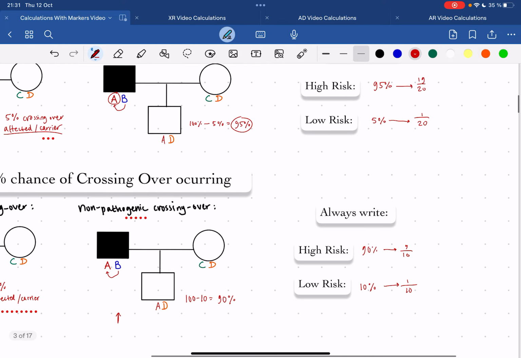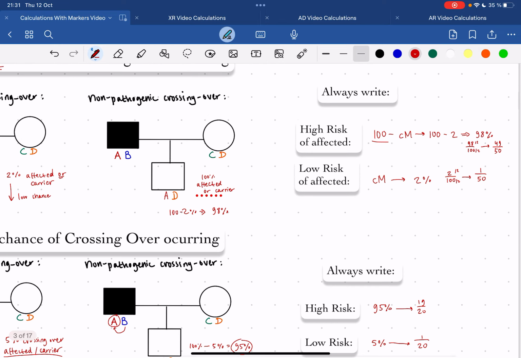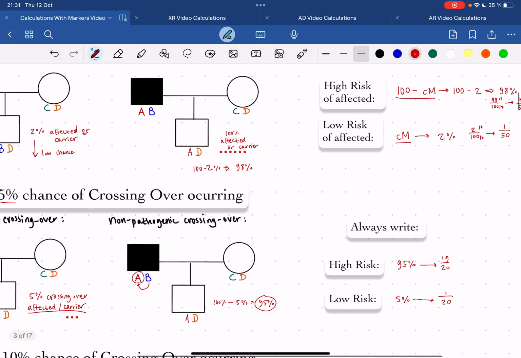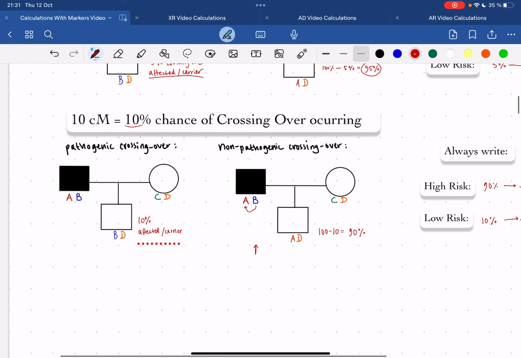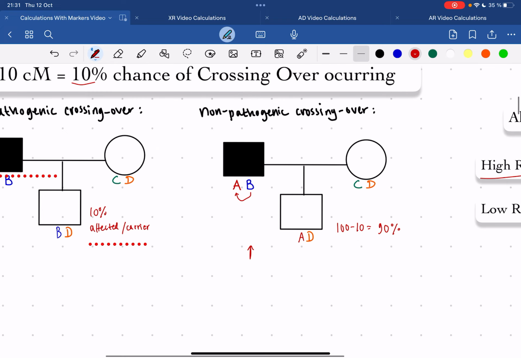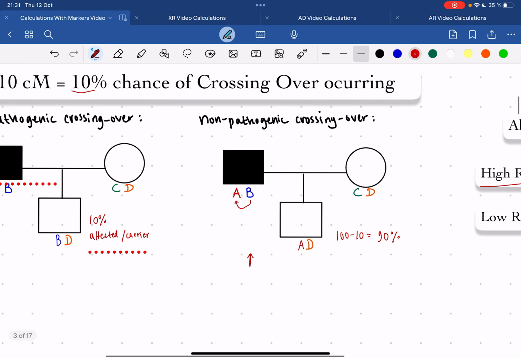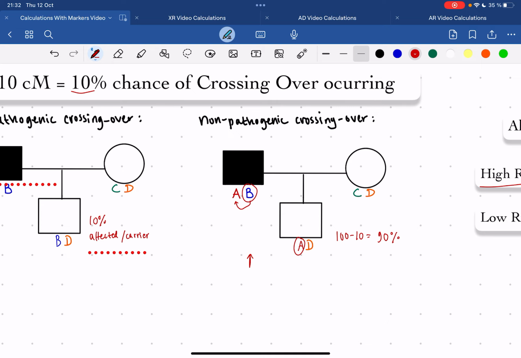We can always remember it as high risk is 100 minus centimorgan, while low risk is centimorgan. Why? Because the high risk represents the fact that even though there's a high risk that this marker is correct, it could still be a B undercover.